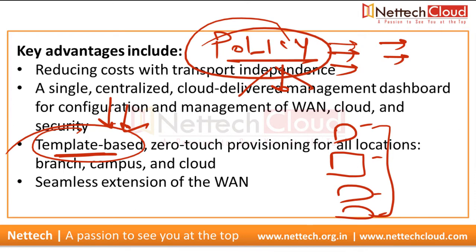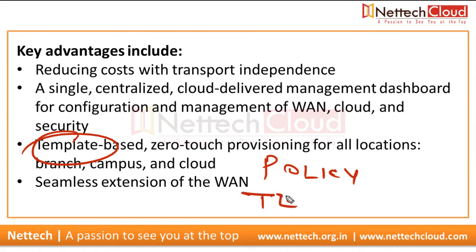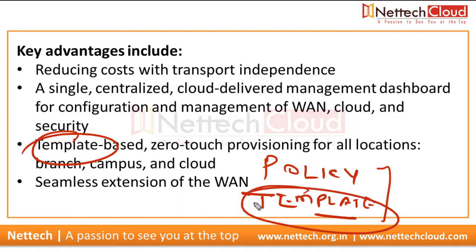So don't get confused with that. We'll look at both policy and template, and they are both very, very important in the coming section. Most of the time, we will be playing with both template and policy. Template means configuring WAN edge devices, correct?